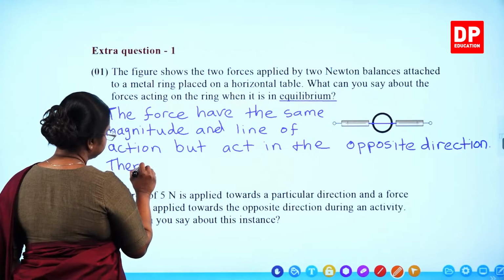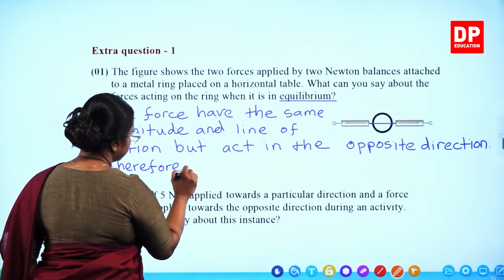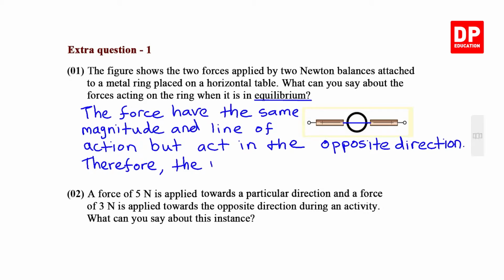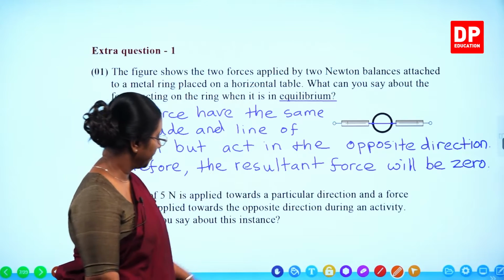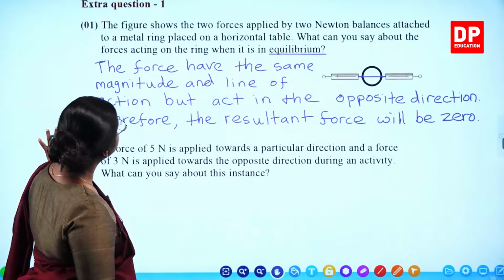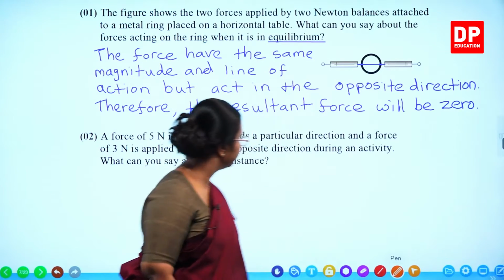Therefore, the resultant force will be 0. Then the object, or the ring, will be at rest or in equilibrium. With that, we will look at the next part of the question.